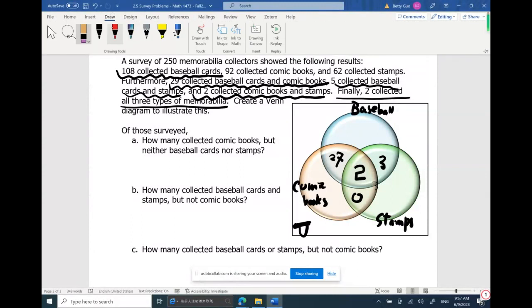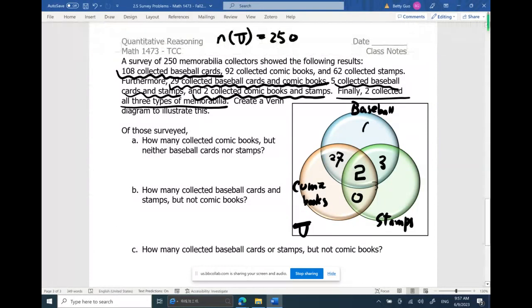So we have 32, and we should have 76 collectors that only collect baseball, not the books or stamps. Let me double check. In this circle, we should have 108. So this is 30, this is 32, and 76. That's correct.